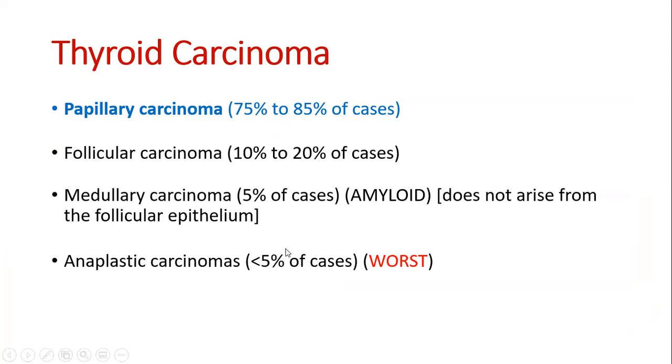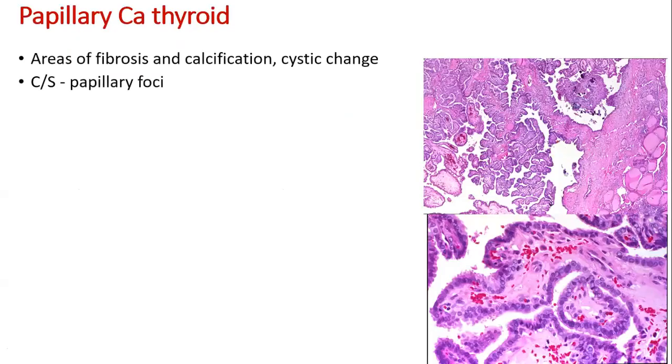Medullary carcinomas are 5%, do not arise from follicular epithelium but from parafollicular cells, that is C cells, and are very prone to amyloidosis. So that's your entrance question or multiple choice question. Anaplastic is the worst, highly undifferentiated, an aggressive tumor of anaplasia.